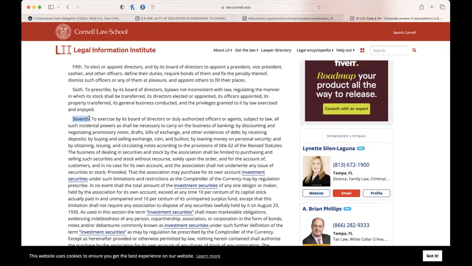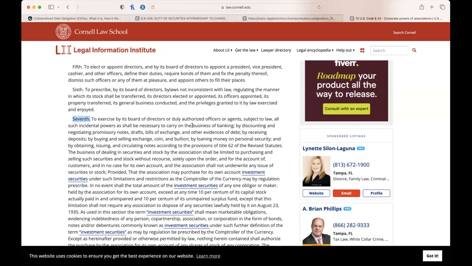So that's seventh. To exercise by the board of directors or duly authorized officers and agents, subject to law, all such incidental powers as shall be necessary to carry on the business of banking by discounting and negotiating promissory notes. So I said that in the beginning too.